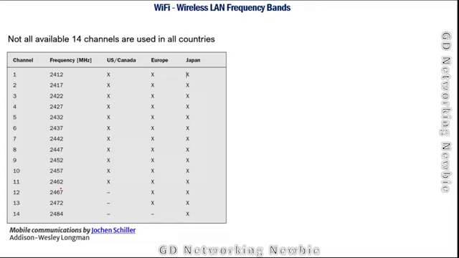Now, although we have 14 channels, all of the countries differ in their use. For example, if you focus on channel number 1, whose center frequency is 2.412 or 2412 megahertz, that frequency band is used in Canada, Europe, as well as in Japan.